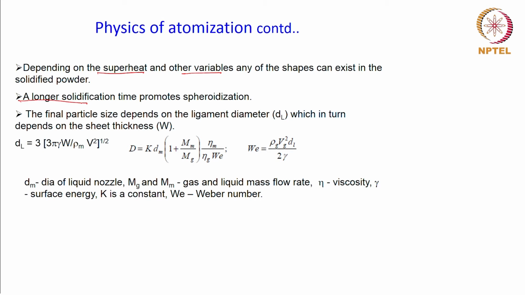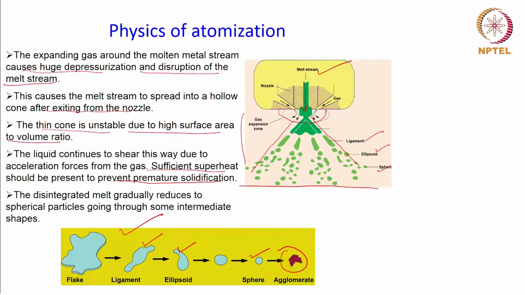And the final particle size obtained at the end of this process depends on the ligament diameter, because if you remember, that is what you get in the beginning. So, that is the first shape which is generated out of this thin cone of metal stream.